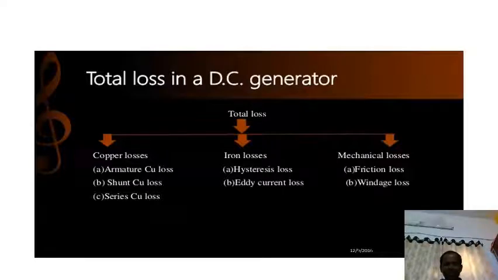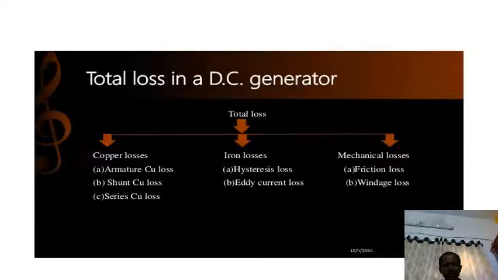So the copper loss is developed in the armature winding. We can write, the armature winding has armature resistance RA and armature current IA.